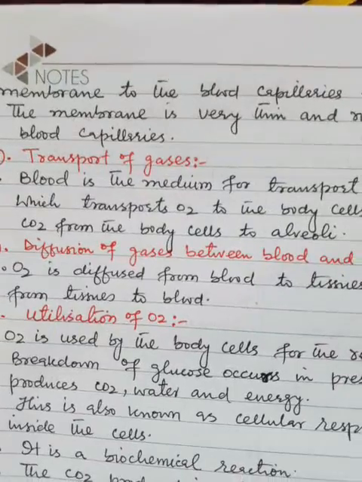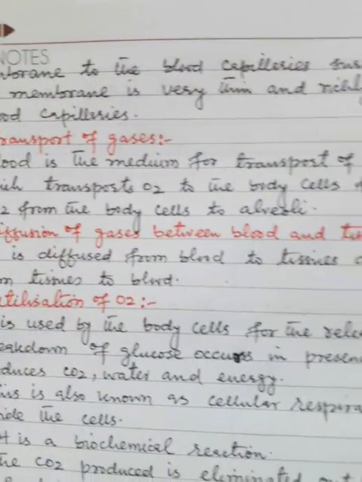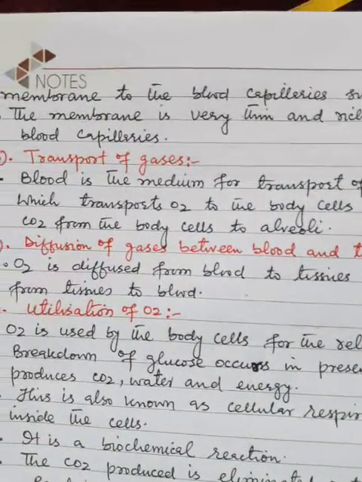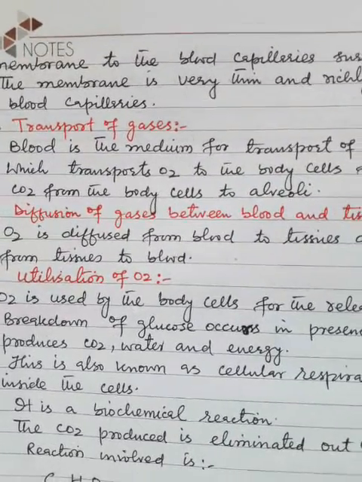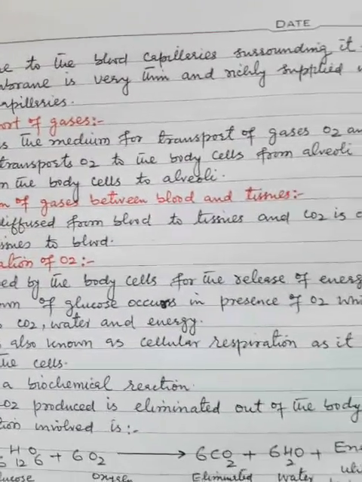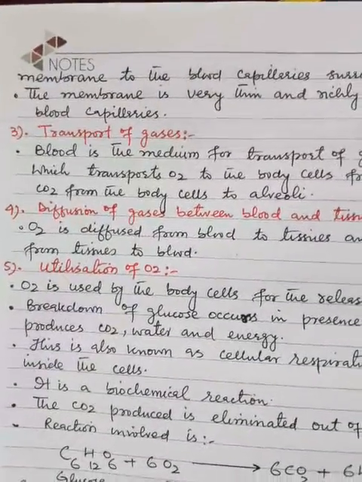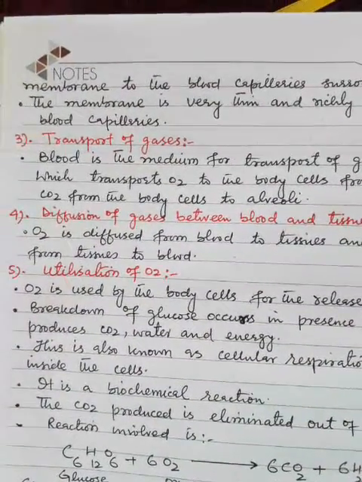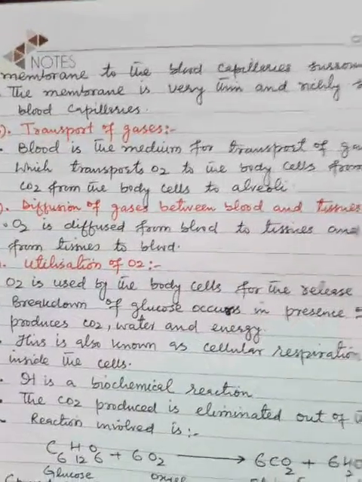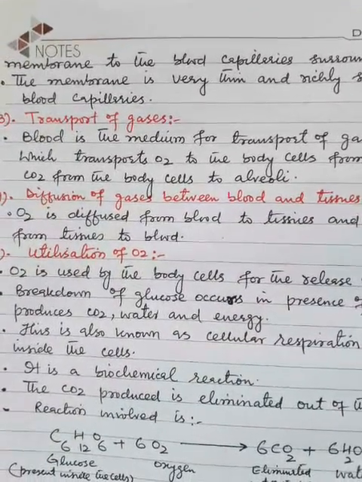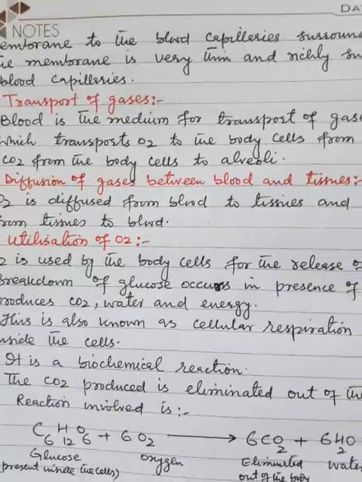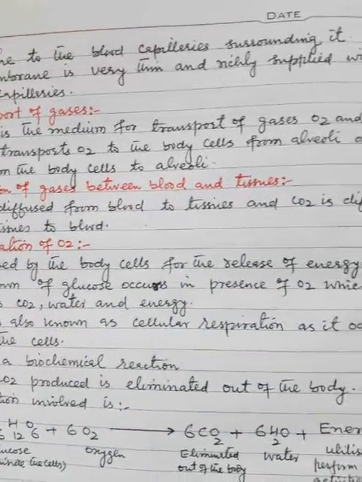The next step is diffusion of gases between blood and tissues. Oxygen is diffused from blood to tissues and carbon dioxide is diffused from tissues to blood. The next step is the utilization of oxygen. Oxygen is utilized by the body cells for the release of energy.